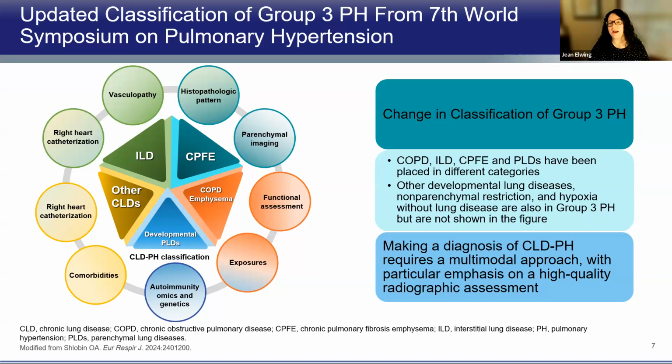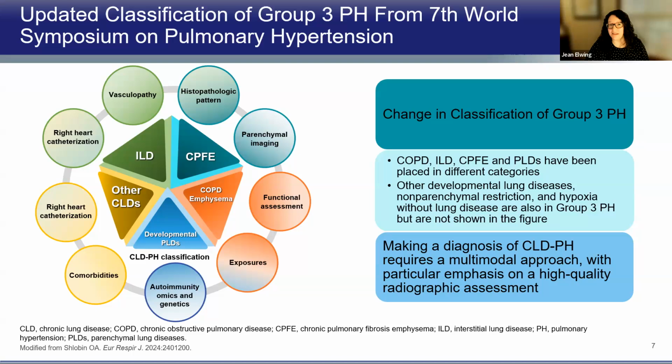And now it's really defined by the type of condition that's causing the problems in their lungs. And that classification now includes COPD, ILD, CPFE, that combine pulmonary fibrosis and emphysema, and other parenchymal lung diseases. And so definition-based. And that helps us be able to group patients by disease management and hopefully helps us identify patients earlier by dividing them out in that pattern.